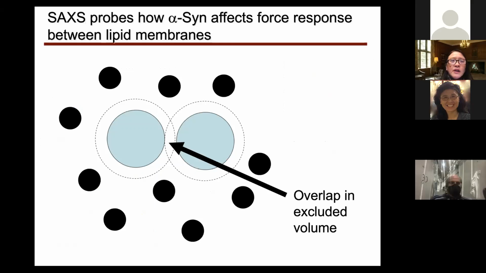And so we can also use SAXS to probe how the alpha-synuclein affects the force response between the lipids.